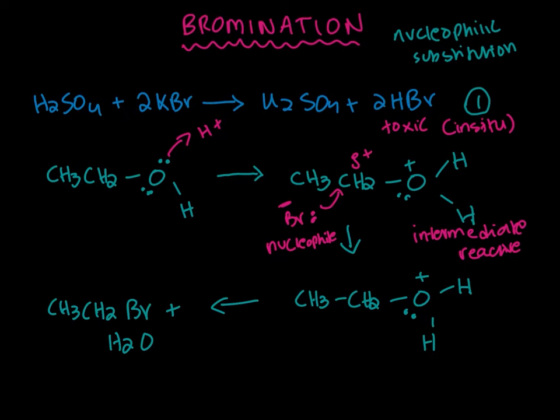You make an arrow from the lone pair towards the carbon. And because of that, the bond between the carbon and the oxygen is going to break heterolytically, and you are going to get an alkyl halide and water. So this was bromination of alcohols.